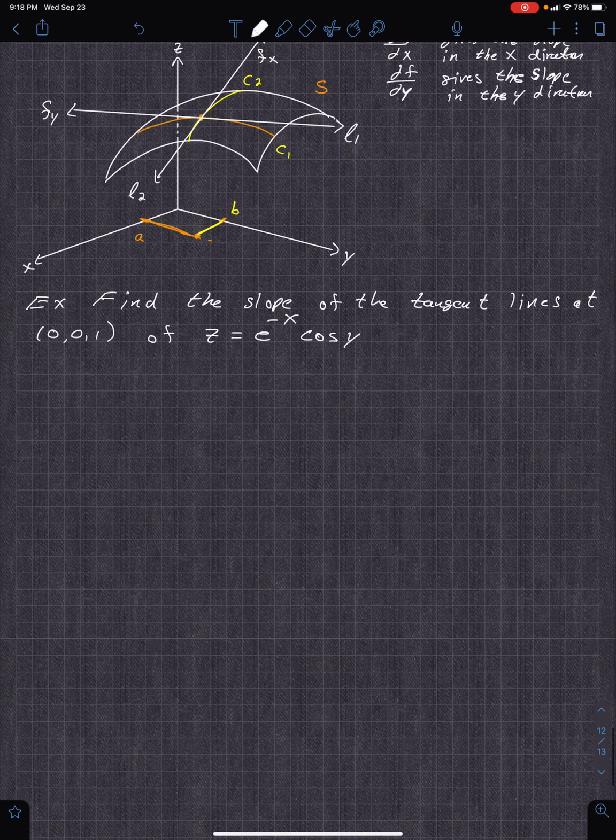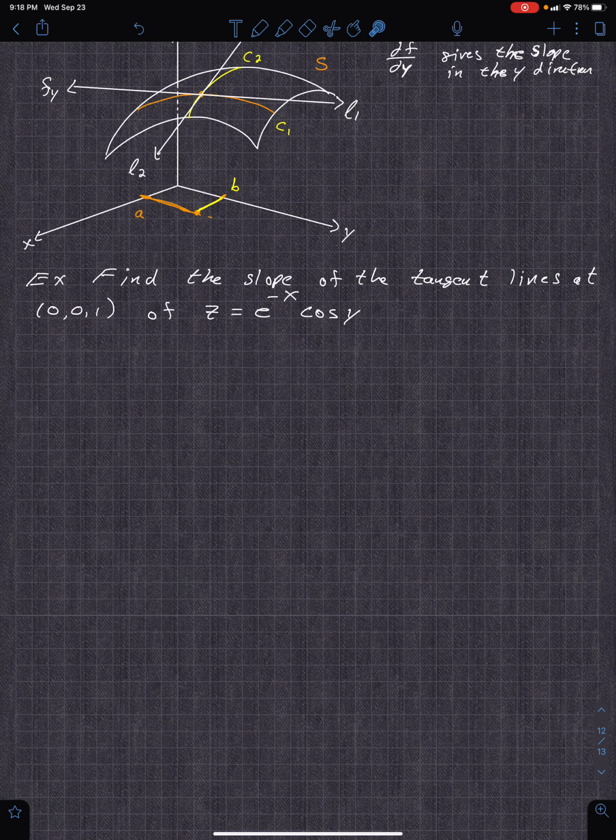Okay, so what I like to do sometimes too is check: does this value satisfy this thing? Does that work? So this is x, y, z. So z is 1, if you plug in those values, and let's see, e to the 0 is 1, cosine of 0 is 1. So yes, it works. I mean, it has to work, I gave you the problem, but that's something you want to think about.